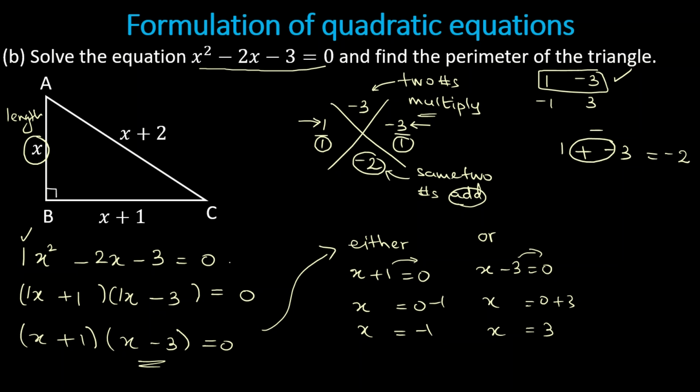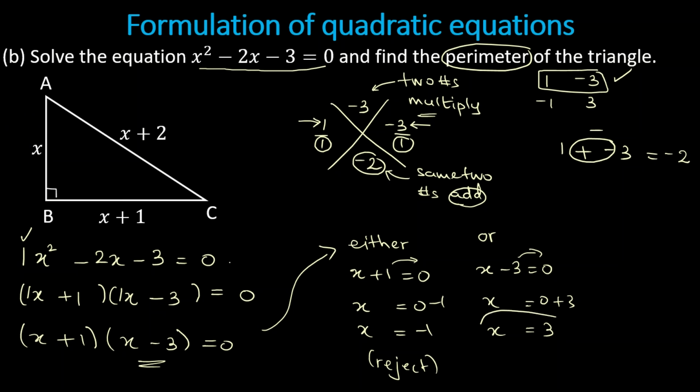Why do we reject it? The first answer here, we are going to reject, and we are going to take x to be 3. Why? Because 3 is positive, length is definitely positive when we measure, right? So we are going to use x as positive 3 to find the perimeter of the triangle. So let us plug in x as 3.